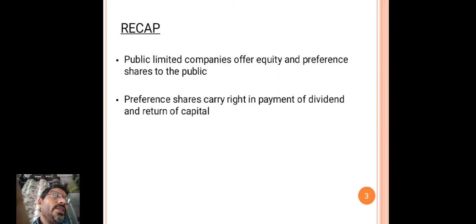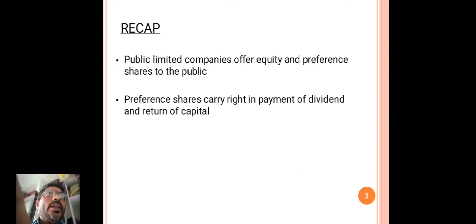If the company gets a huge profit, there is a chance of getting more dividend for the equity shareholders than the preference shareholders, because the preference shareholders' dividend is fixed and the equity shareholders' dividend depends on the profits of the company.